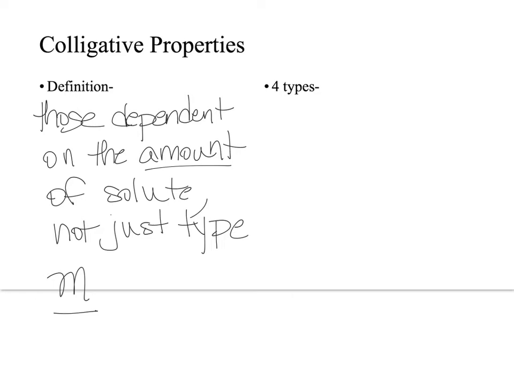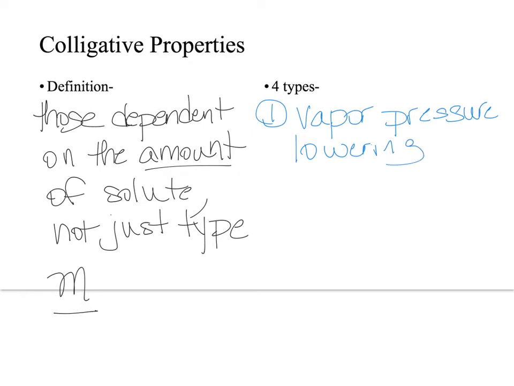There are 4 different types of phenomena that we notice with the amount of solute or the colligative properties. The first is vapor pressure lowering, and I'll talk about all of these in more detail. Number 2 is freezing point depression.